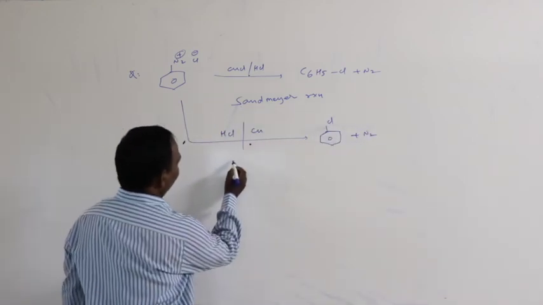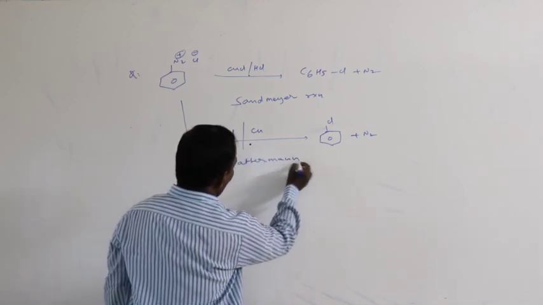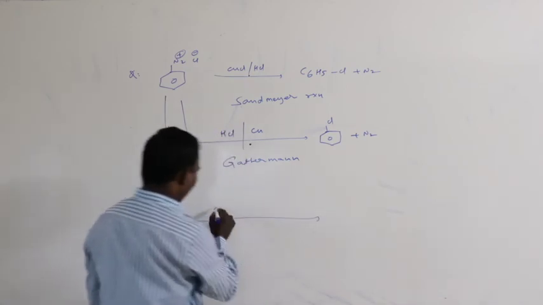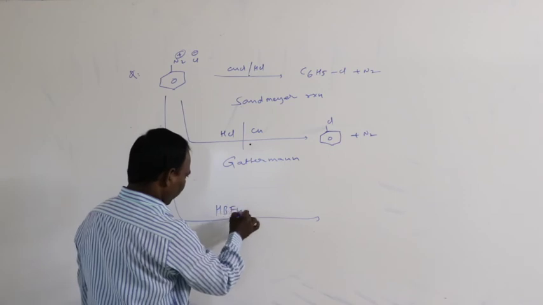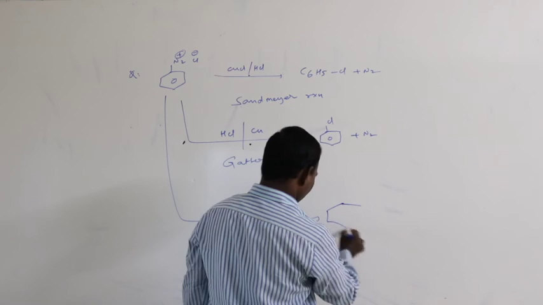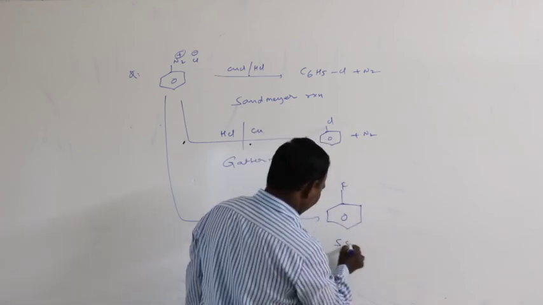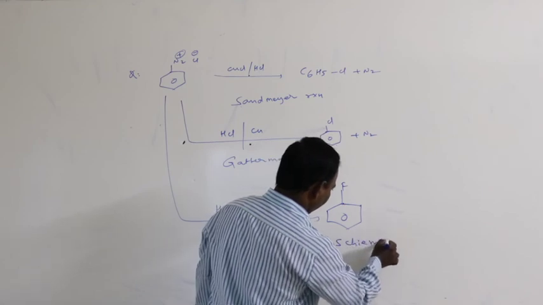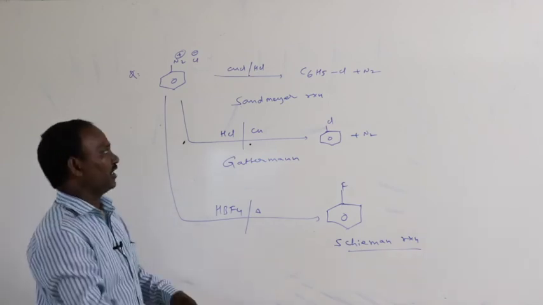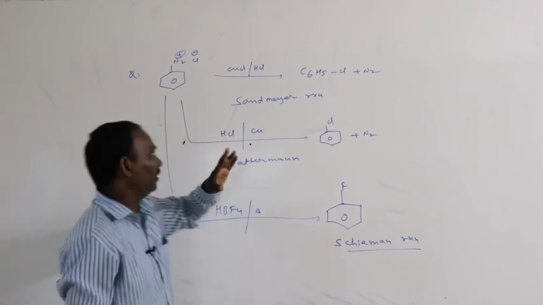This reaction is called the Gattermann reaction. The same benzene diazonium chloride on treatment with fluoroboric acid and heating produces fluorobenzene. Okay, this reaction is called the Schiemann reaction. Three named reactions: Sandmeyer reaction, Gattermann reaction, Schiemann reaction.